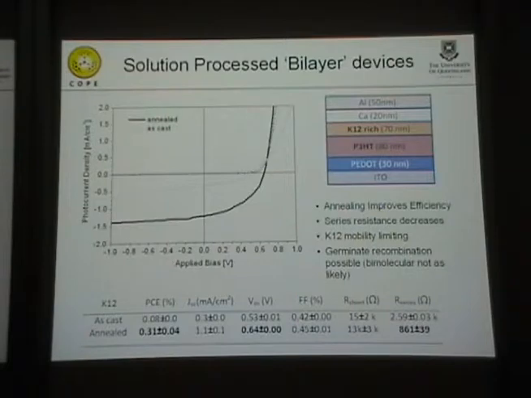And we can say this is more like a bilayer because we have quite a thick acceptor layer on top of P3HT. And the bilayer structure also helps minimise bimolecular recombination, but we still have geminate recombination, which could be a problem.